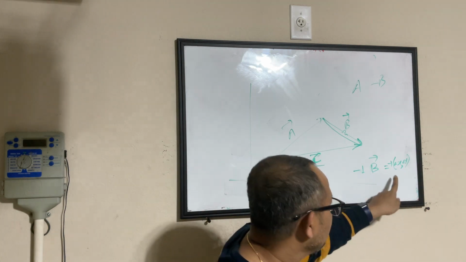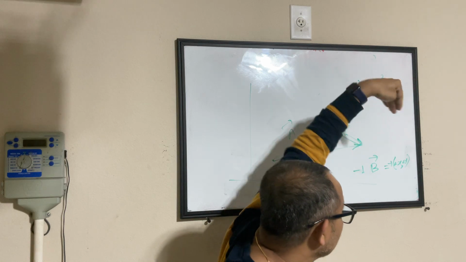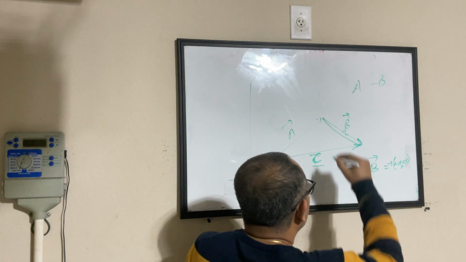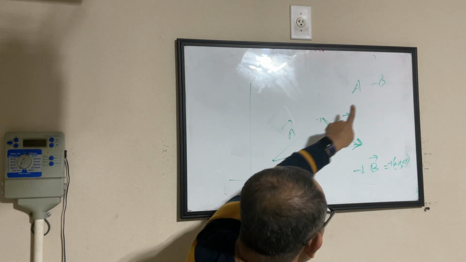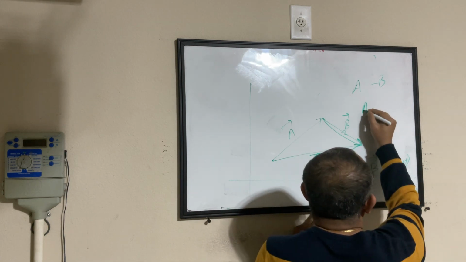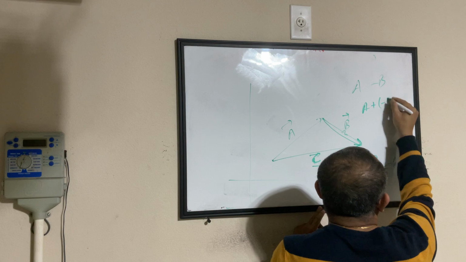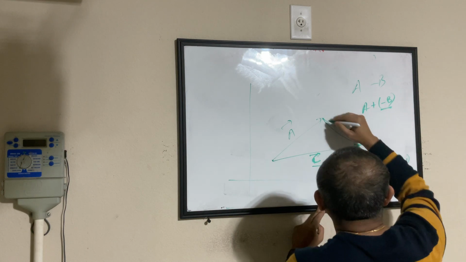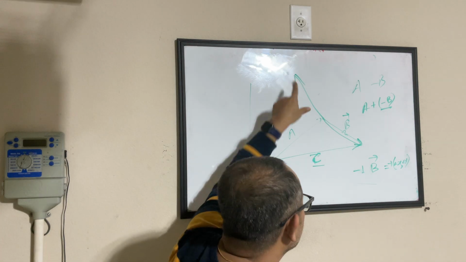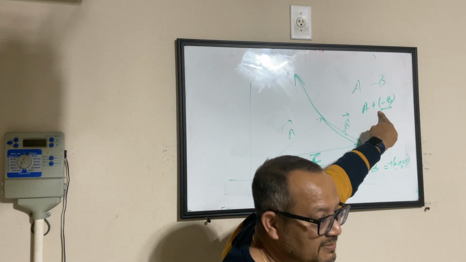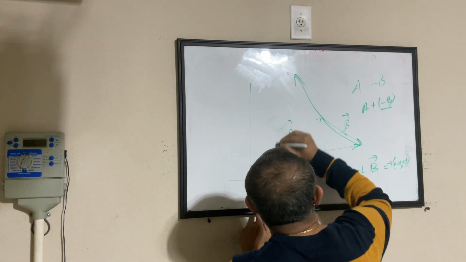What does it mean? If it was going upward, it will start going downward. So it flips by 180 degrees. So A minus B is essentially A plus minus B. And this minus B is the reverse of this, the same magnitude but the opposite direction. So A minus B will be the same as this, and then this is the resulting vector.